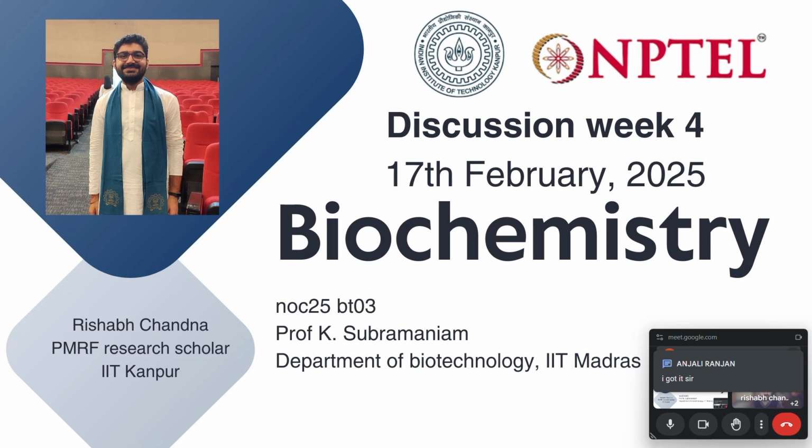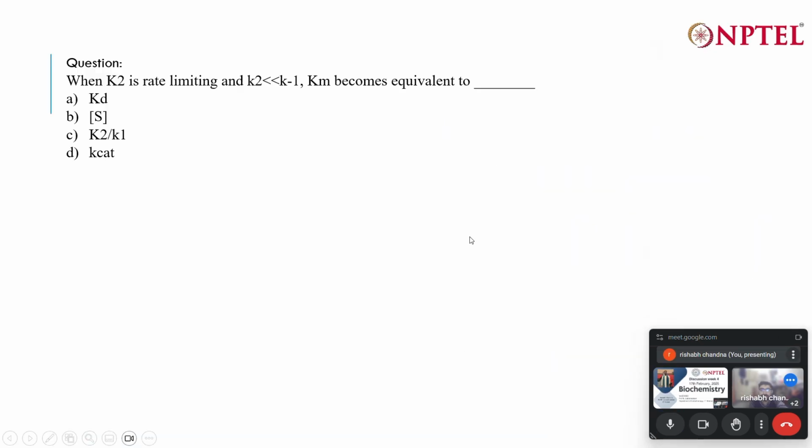So, starting with the first question. When K2 is rate limiting and K2 is very much less than K minus 1, Km becomes equivalent to which of the following?